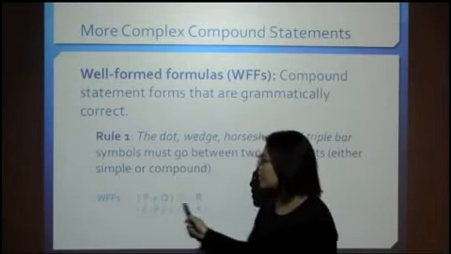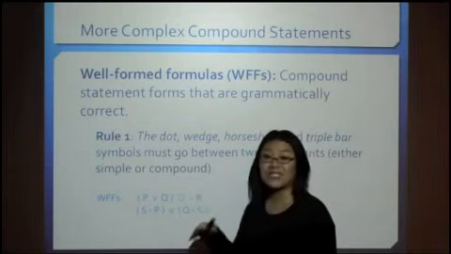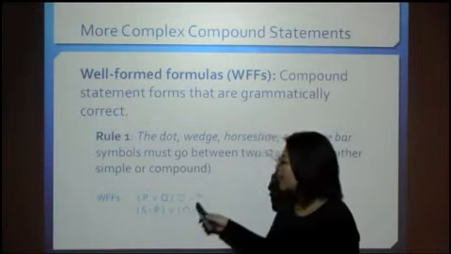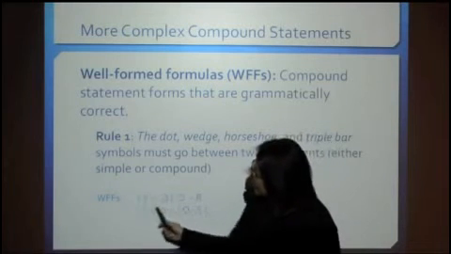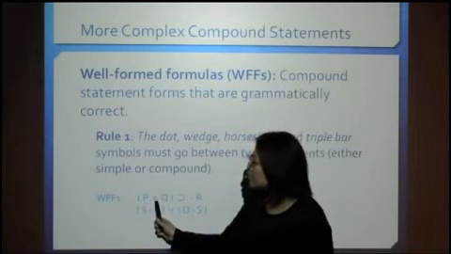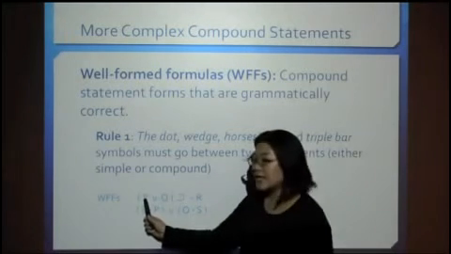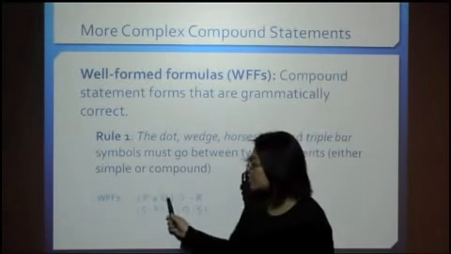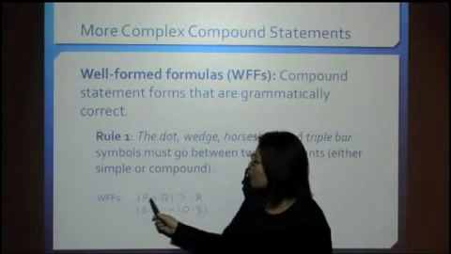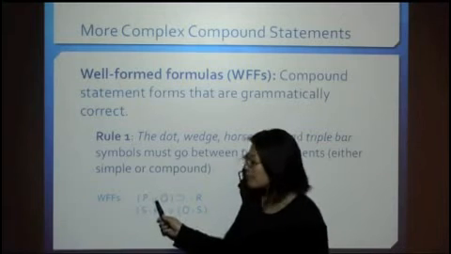Notice they're uppercase capital letters, so we know that they stand for a specific statement. Then we have the wedge operator bringing together the two statements P and Q into a disjunction, and we know that this comprises a unit because there are parentheses that bind these two together.